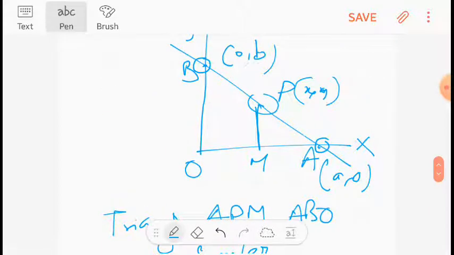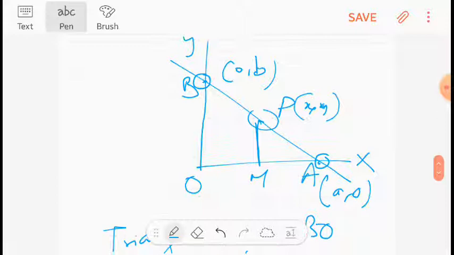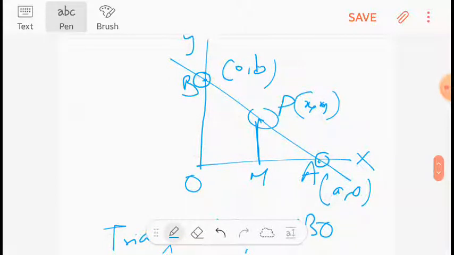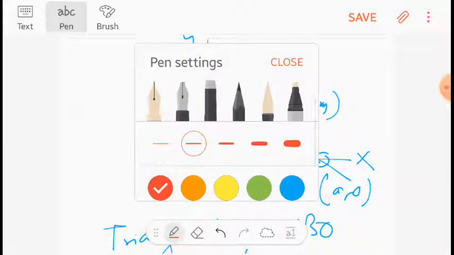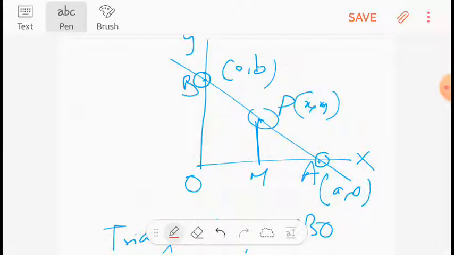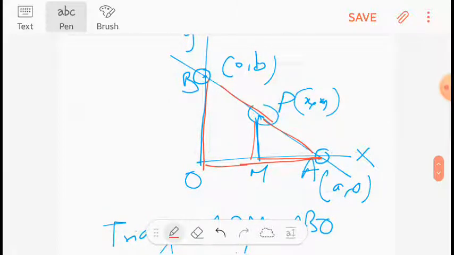You can see here, if we consider this triangle, APM, and the total triangle ABO, this side divided by the total side equals MP divided by the total OB.